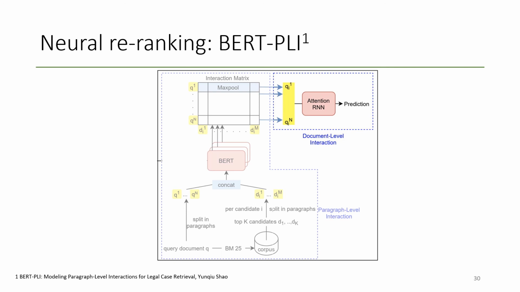And this then predicts if the query document is relevant to this candidate document or not. So by this approach of first splitting up the cases and the queries into their paragraphs, modeling the interaction on the paragraph level, and then aggregating it on the document level and predicting the relevance on the document level, this neural information retrieval method addresses the problem of long documents and how to handle them with a BERT-based approach.